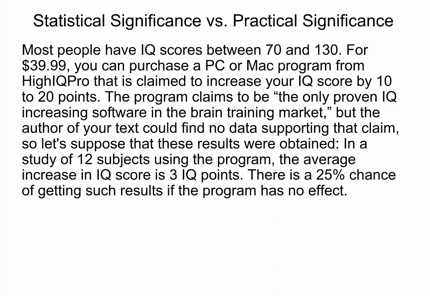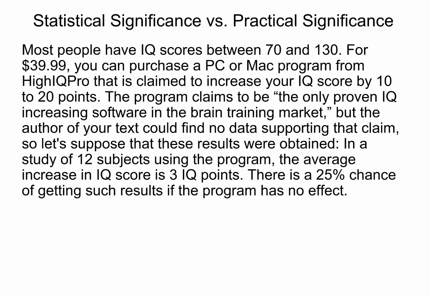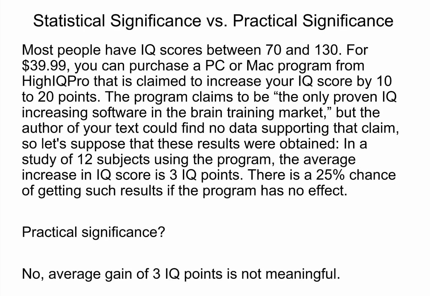In a study of 12 subjects using the program, the average increase was 3 IQ points. There's a 25% chance of getting such results if the program had no effect. Statistical significance? No, because there's a 25% chance of getting those results. Practical significance? Well, the IQ score only went up by 3 points, and the company's claim was 10 to 20 points. So we don't see practical significance here in addition.